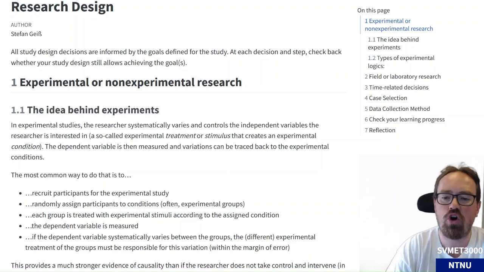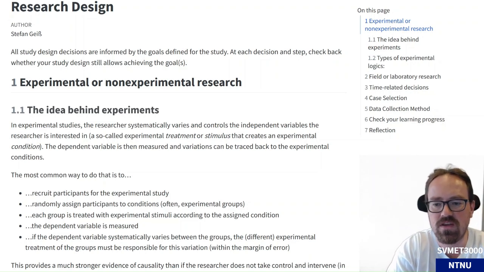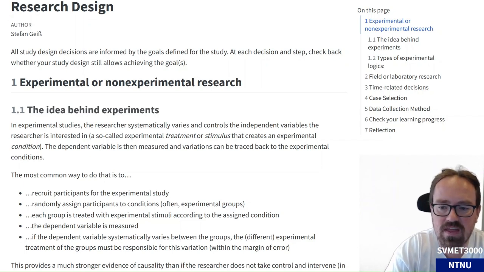So the possible causes of effects of phenomena we want to study, the independent variables. Some of these independent variables would be held constant and others would be systematically varied.